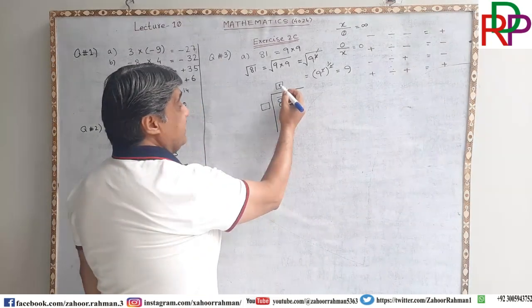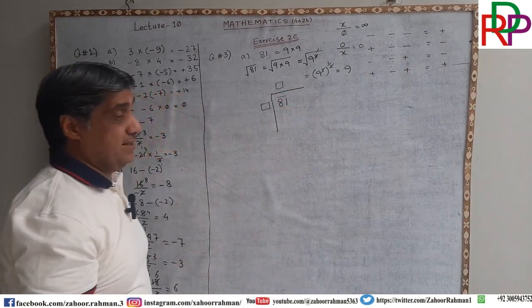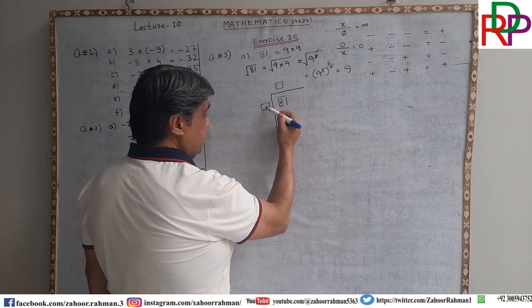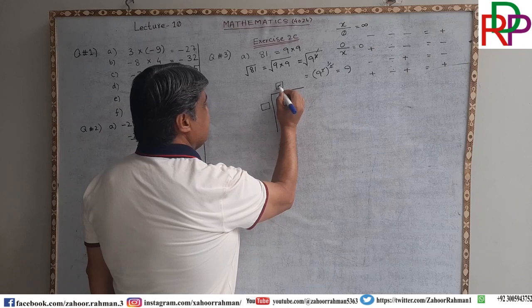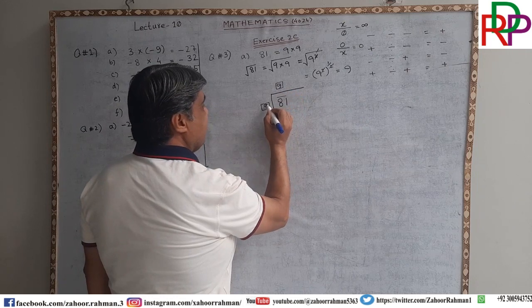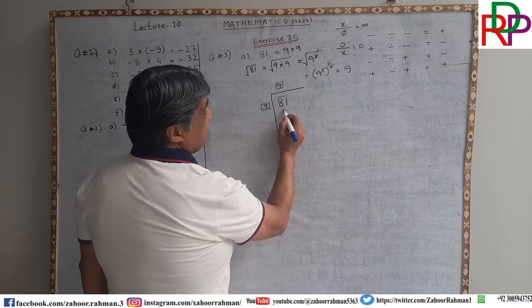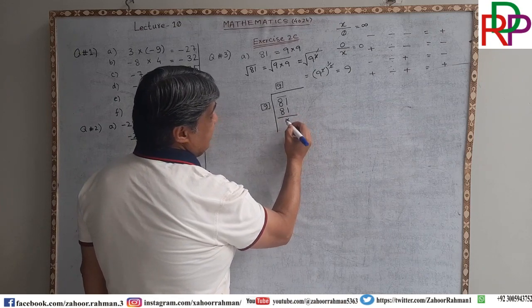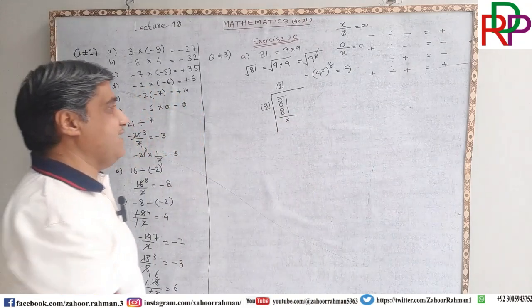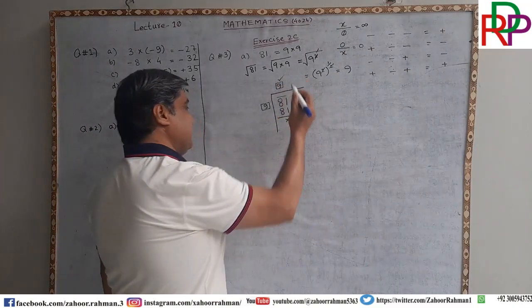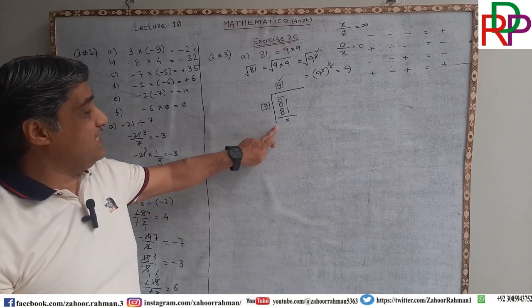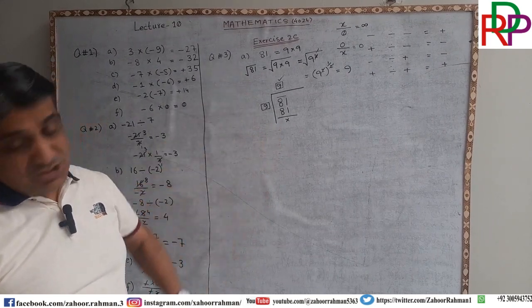If it is 1 here, it should also be 1 here. If it is 2 here, it should also be 2 here. So in this particular case, 9 times 9 is 81. So nothing is in the remainder. So this 9 is the answer. So there are two ways in which you can do these questions.